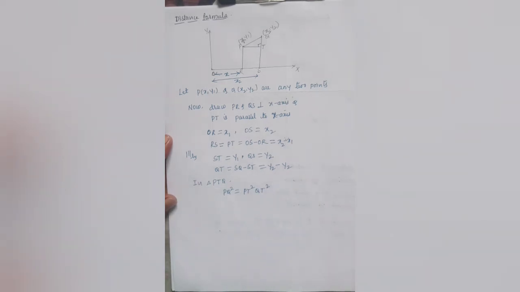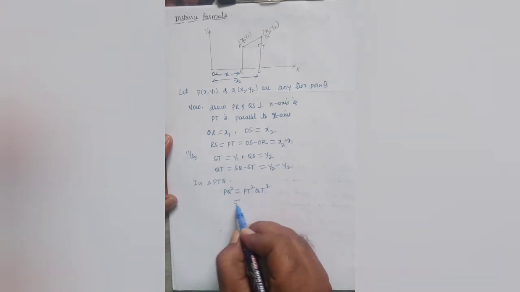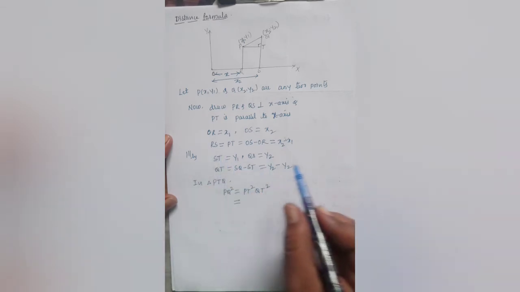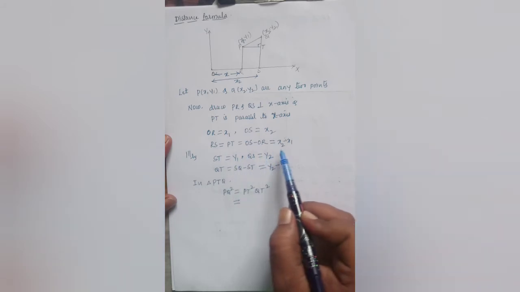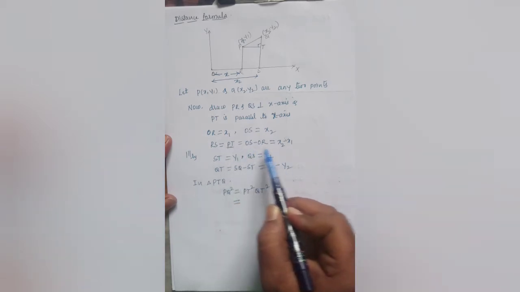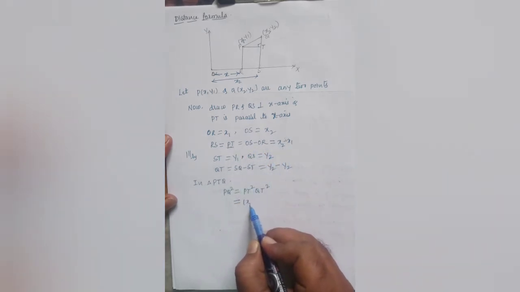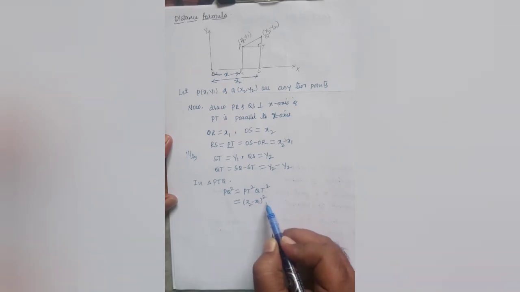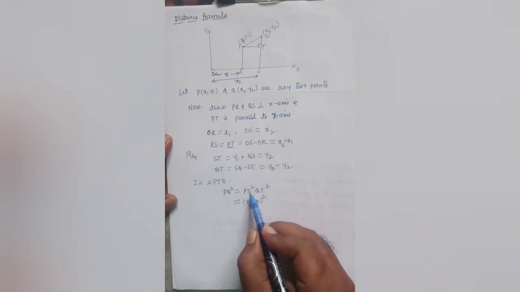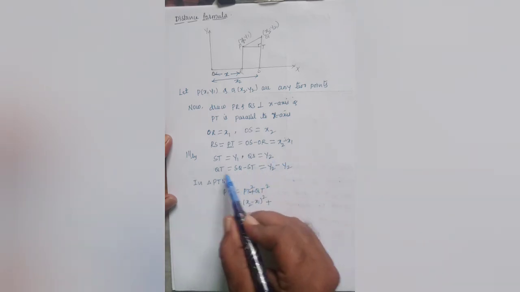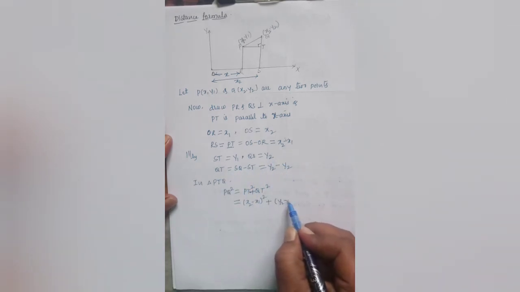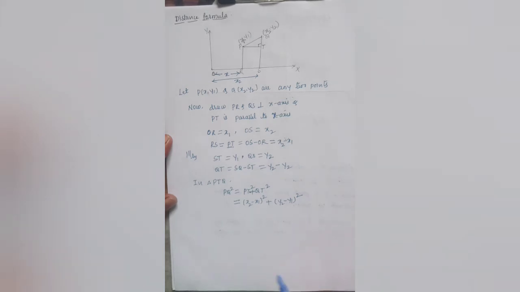Now substitute the values. PQ square as it is, PT we know already, PT value is x2 minus x1 whole square, plus QT is y2 minus y1 whole square.